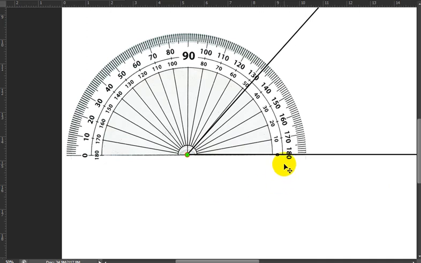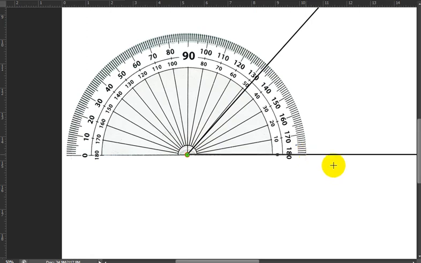Initially you might get confused by the fact that there are two sets of numbers. So here you have 0, 10, 20, 30, 40, so on. And then here you have the other way around. So 0, 10, 20, 30, 40, and so on. And you might think, okay, well, which one do I need to use? Well, let's look at this again. I'm going to make a line.